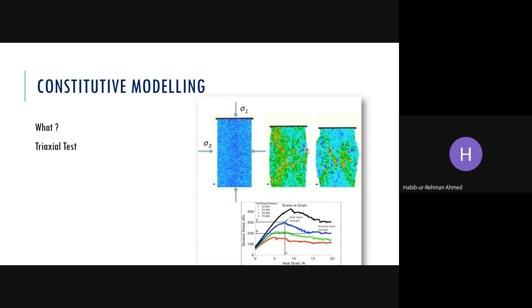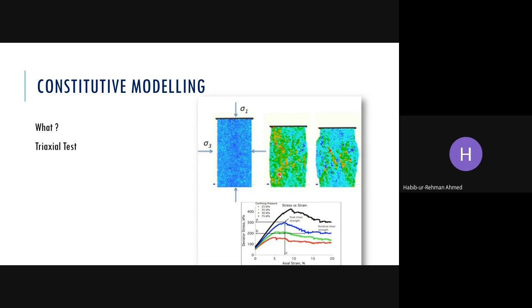Now, if we talk about the material at this point, or this point, each will have different strengths. So some points will fail earlier, and some points will still be taking higher stresses. So this is how a complex variation of stresses and strains within a small specimen of soil is present.